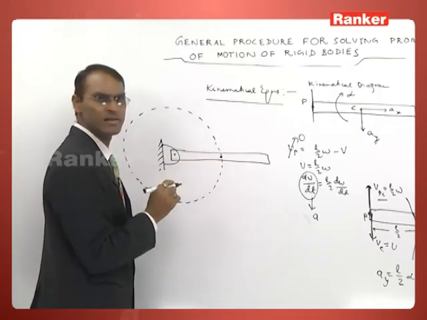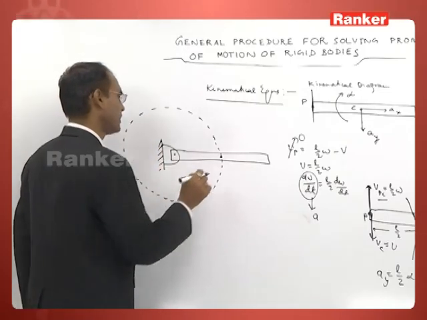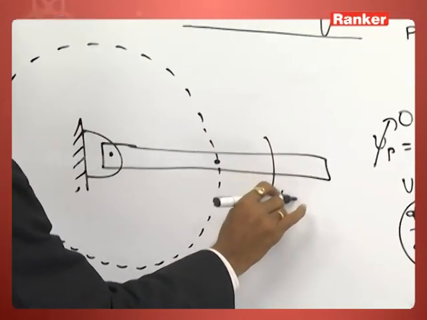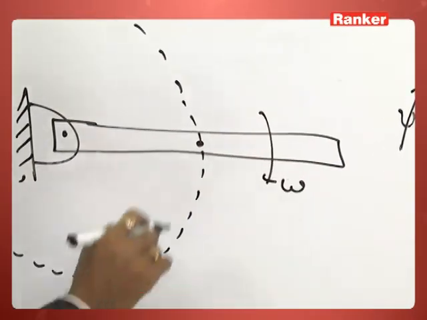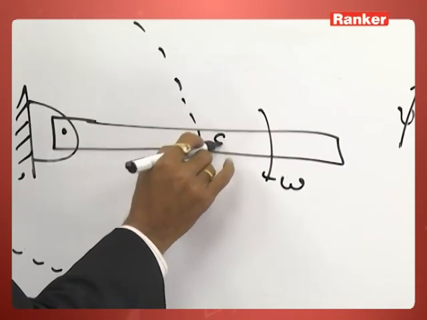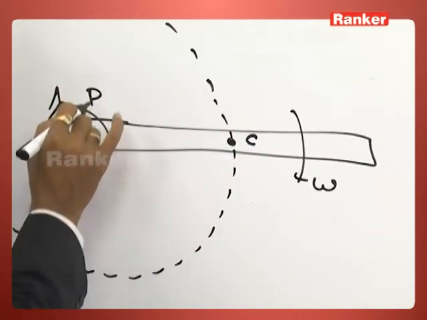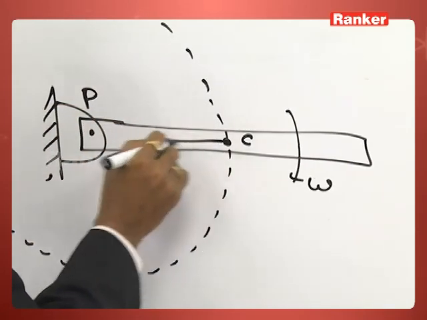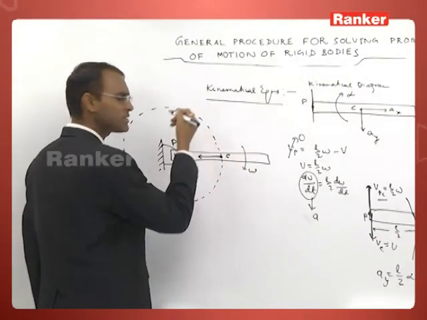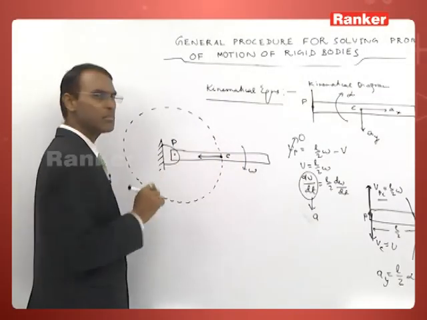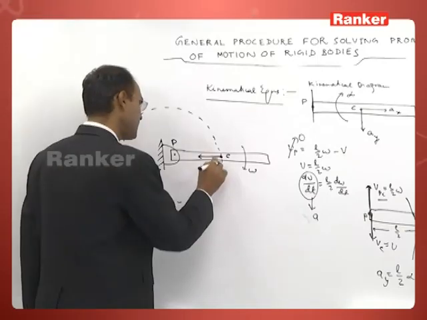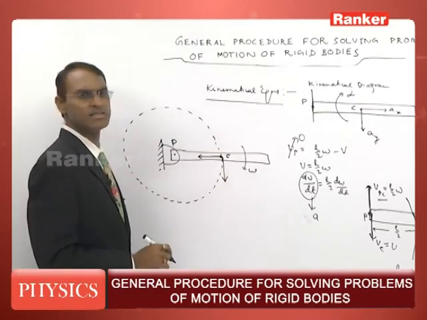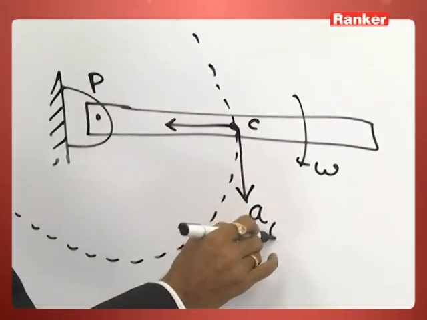For this case, the center of mass has two accelerations. If the angular velocity of the rod is omega, this point moves in a circular path with respect to this pivot P. Therefore, it has one acceleration towards the center of the circular path, another acceleration is directed along the tangent. This acceleration is called tangential acceleration.